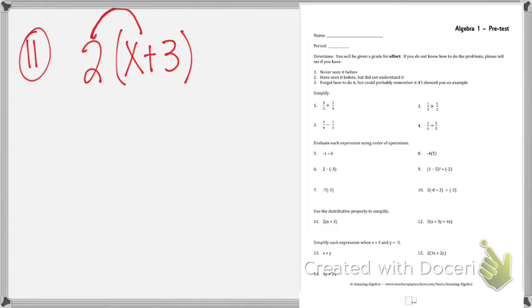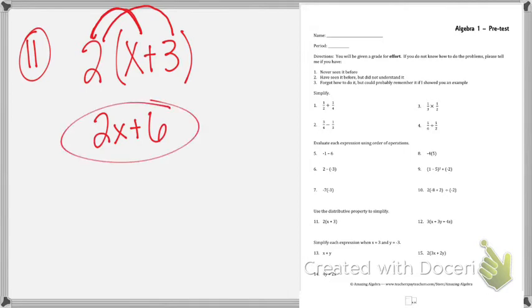So, 2 times x, 2x. 2 times 3, 6. Now, I can't go any further because those are not the same type of terms. We cannot combine like terms because we have nothing to combine. So that would be our answer for number 11.